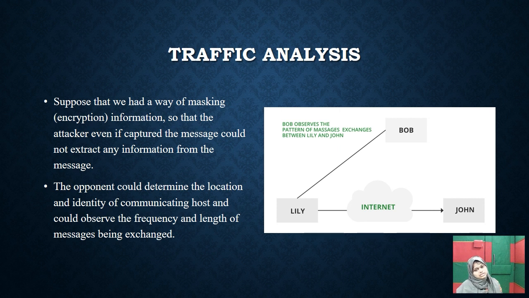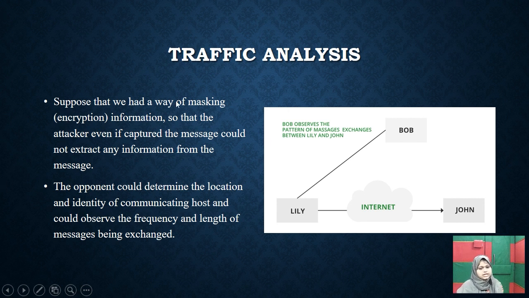Such analysis can be done even if Lily and John are communicating in an encrypted way, or in an encoded format. Bob will not be able to understand it, but he will create such a problem by doing the traffic analysis.